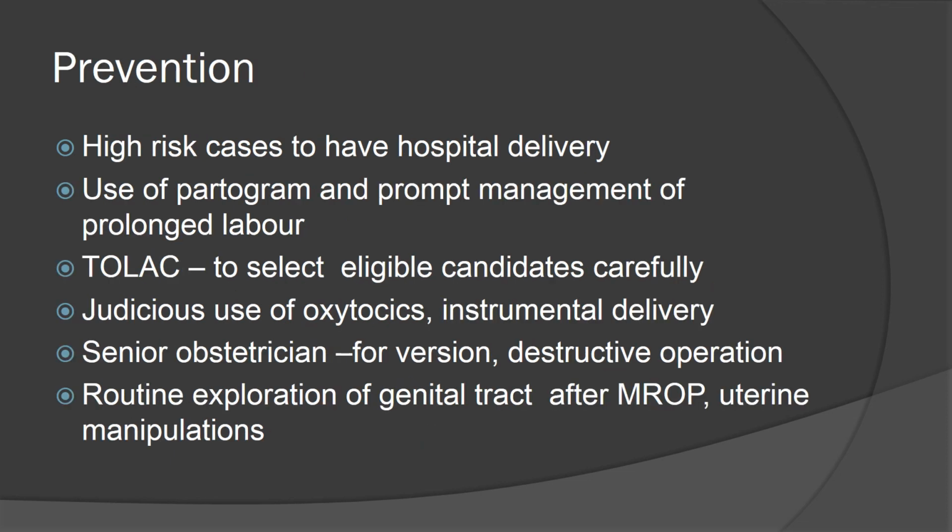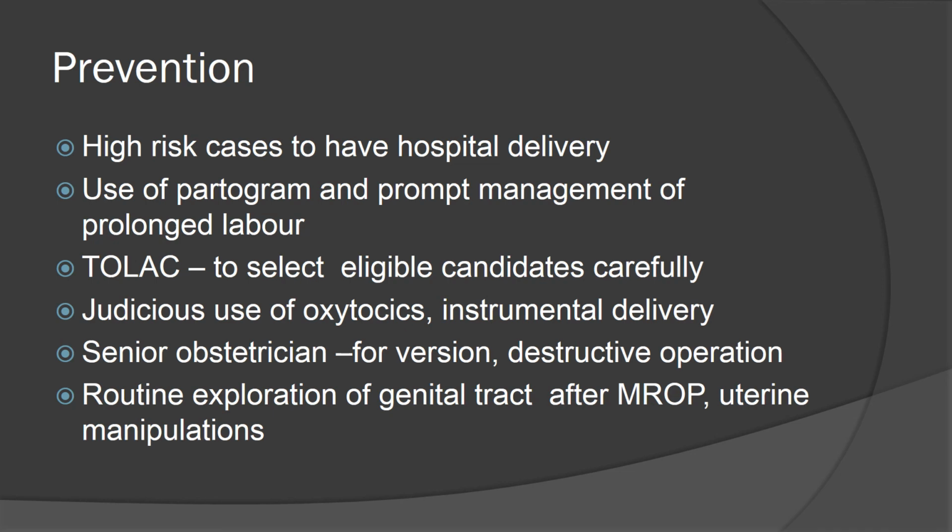So you have seen ruptured uterus involves considerable risk to the mother and the fetus. So all steps should be taken to prevent such a catastrophe. All high-risk cases where you expect a prolonged labor and may go for obstruction should have a hospital delivery.